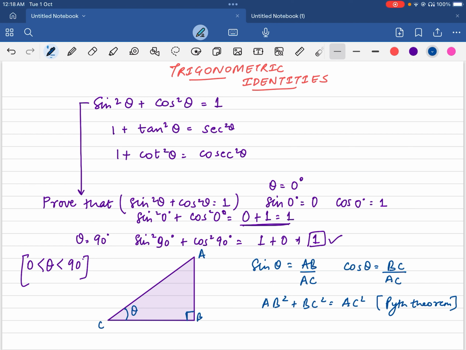Fair enough. Now let's put these values into the equation. Sine square theta is going to be AB square upon AC square. Cos square theta is going to be BC square upon AC square.